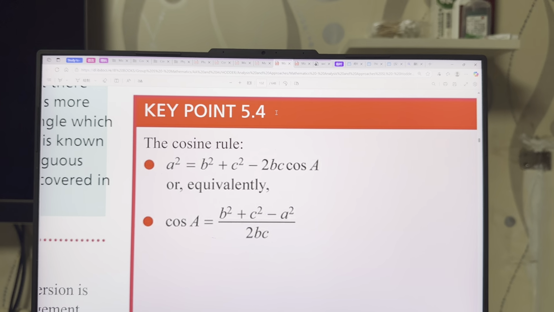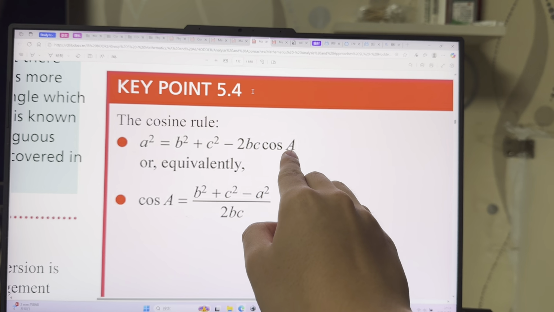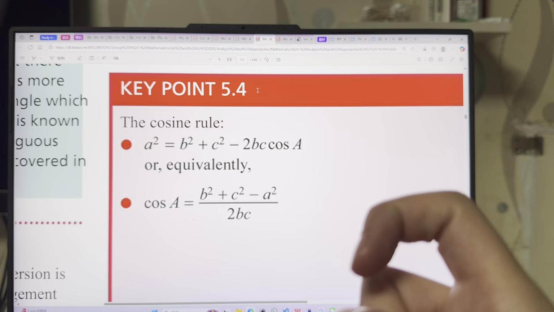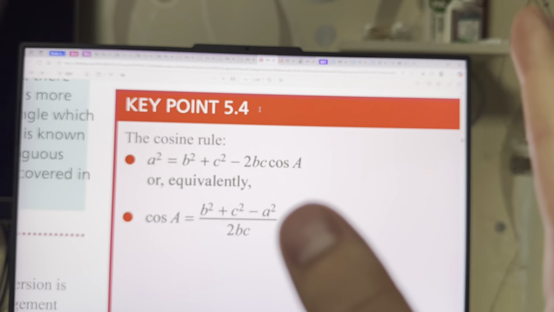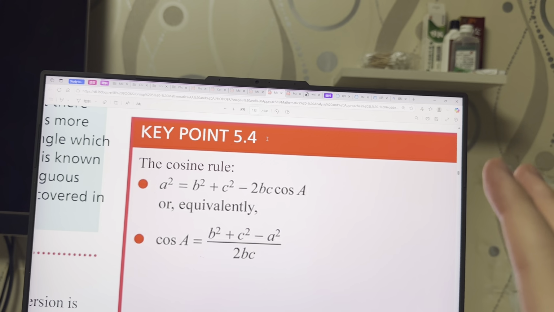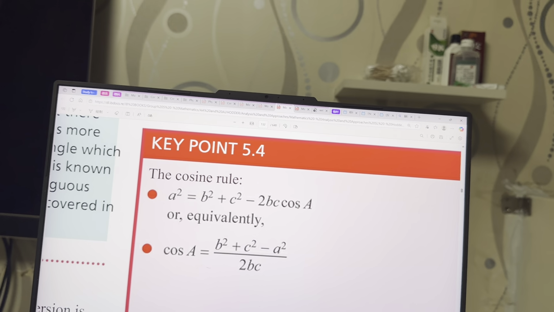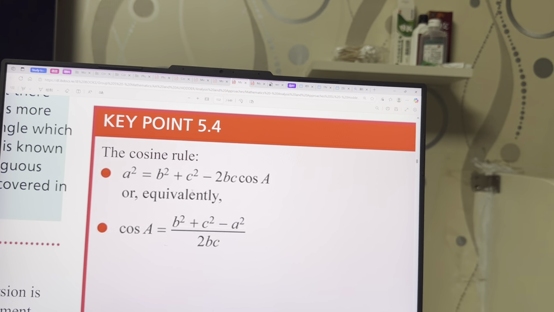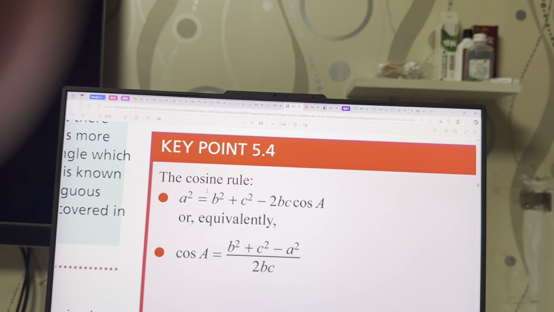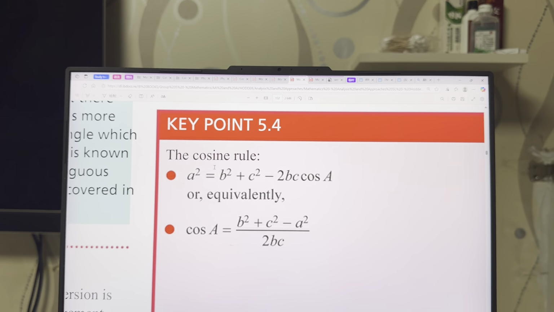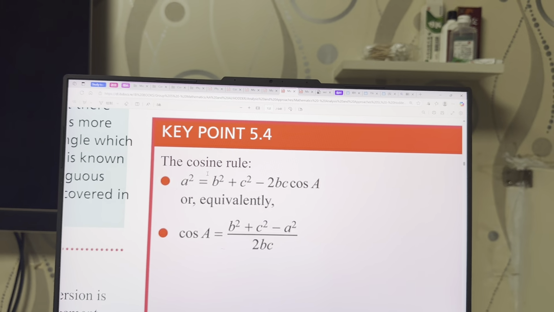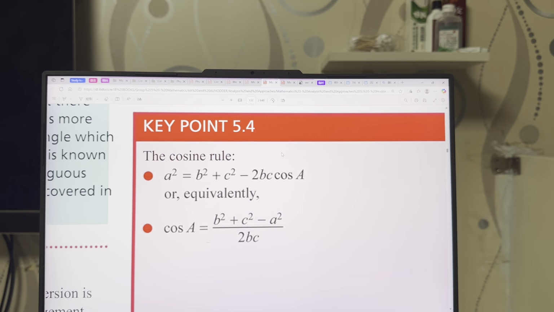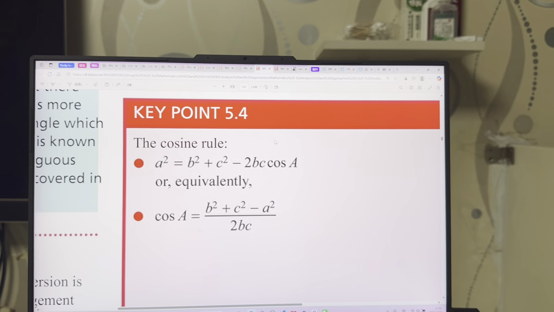It's because if angle A is 90 degrees, which means the triangle is a right triangle, then because we know that cosine 90 is 0, this term will disappear. Then the cosine rule will become the Pythagorean theorem.